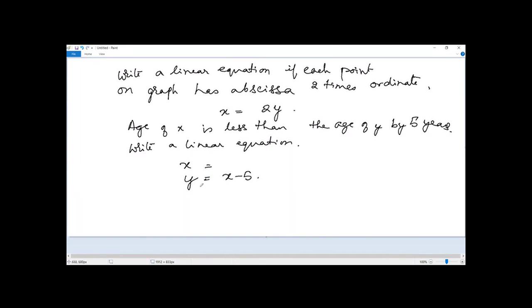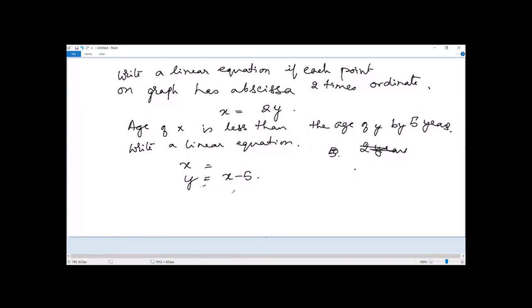That is, the age of x is less than the age of y by 5 years. So if y is 2 years, x is less than that, so it cannot be. x has to be less, so y is x plus 5: 2 plus 5, 7.